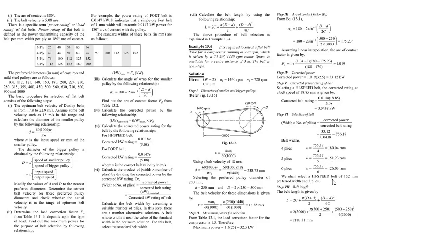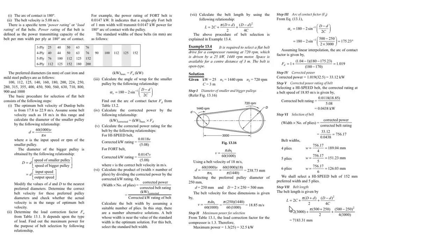We shall select a high-speed belt of 152 mm, the preferred width, with 5 plies by this relation. 152 is the maximum, and the others are 126 and 189, so this is the nearer value. So we will go for 152 mm width and 5 plies.